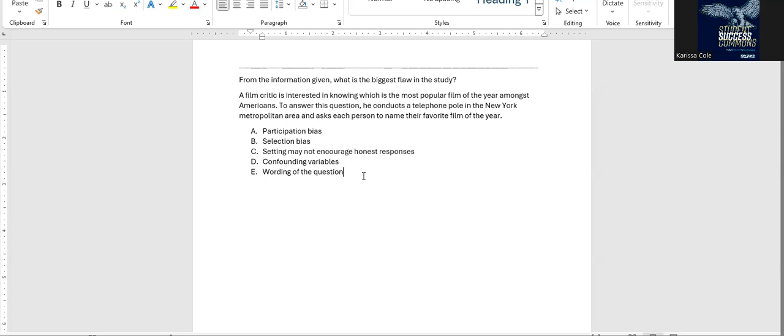Confounding variables are things that can occur that may not be taken into account in the study. This happens a lot in experiments, for instance, let's say somebody was testing the effectiveness of a new cholesterol drug. A confounding variable would be something that they're not really able to measure.